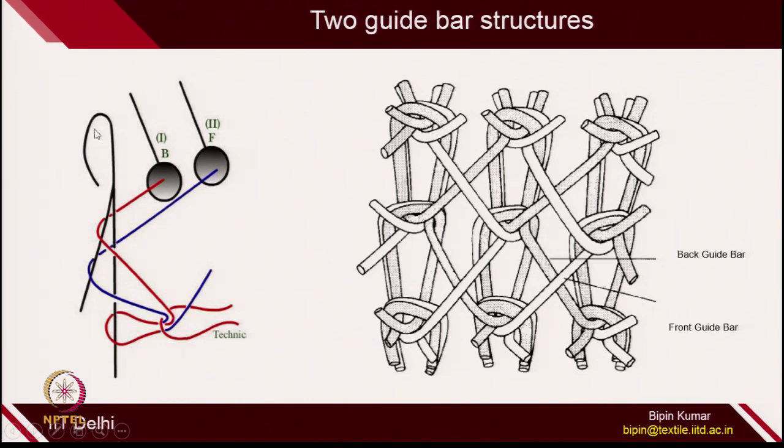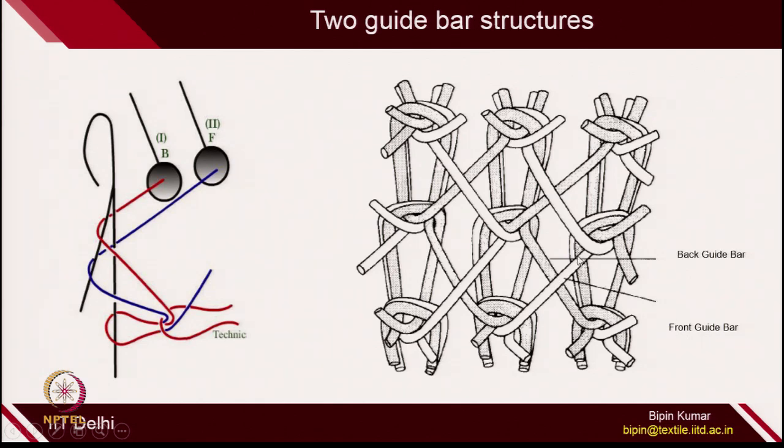because there are 2 threads provided to each needle, and because of the positioning of these threads, you will get different importance. So, if you carefully see this structure, if you follow the arrow, the white yarn is actually of the front guide bar.